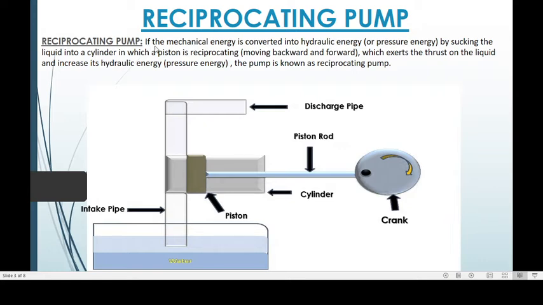So once again, if the piston is moving backward, the pressure inside is decreasing, so water comes inside the cylinder, and then the piston is pushed in the forward direction. The liquid is forced into the discharge pipe, and in this way the reciprocating pump works.